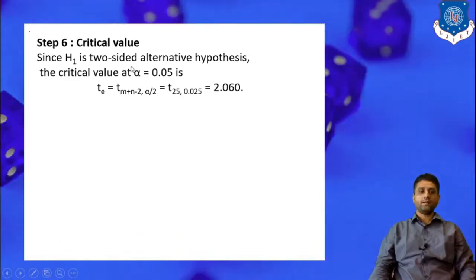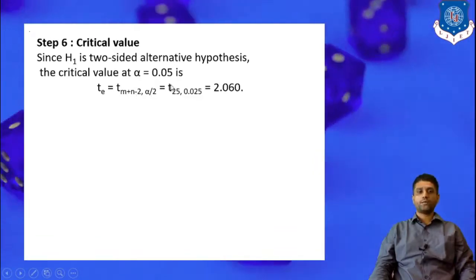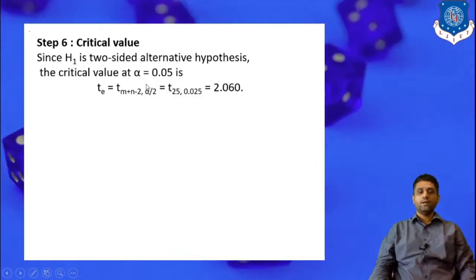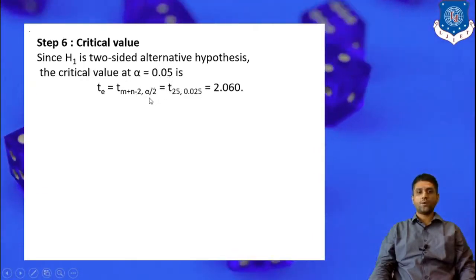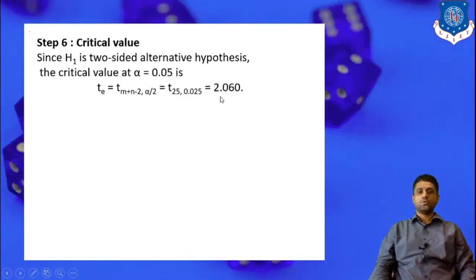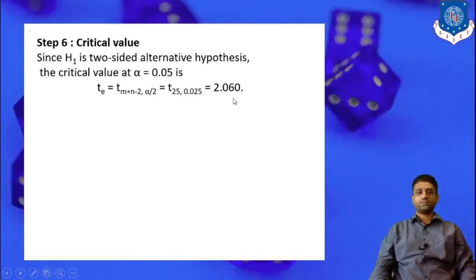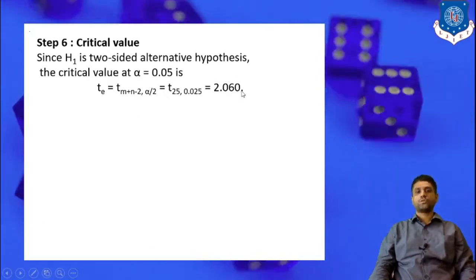So remember three things: two-sided alternative hypothesis, plug in the values of m and n, then the degree of freedom is 25, the level of significance is 5%, and it is two-sided, that is 0.05 divided by 2, so we get 0.025. So the tabulated t value is 2.060.